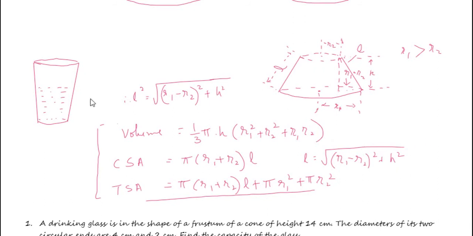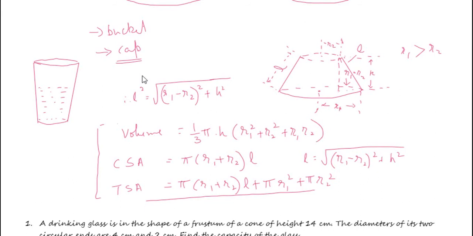In our daily life, which objects look like a frustum of a cone? Take a glass which you use for drinking water. This is an inverted frustum of a cone. Another example is the bucket we use for carrying water, and some caps are also in the shape of a frustum of a cone.